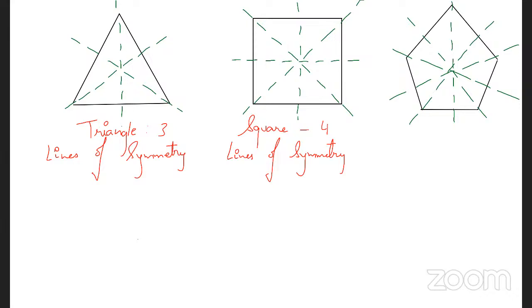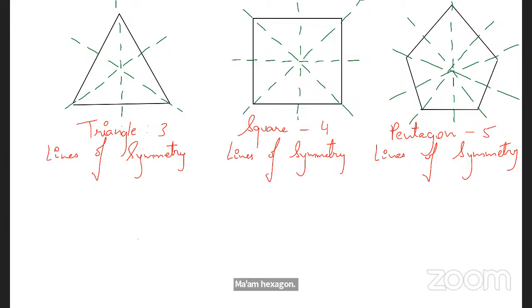It has five lines of symmetry. Hexagon? Yes, hexagon has 6 lines of symmetry.